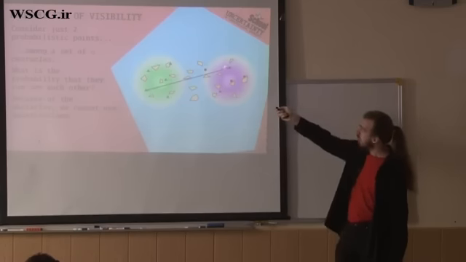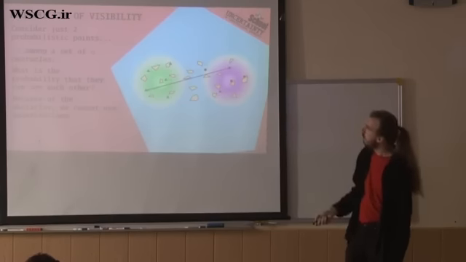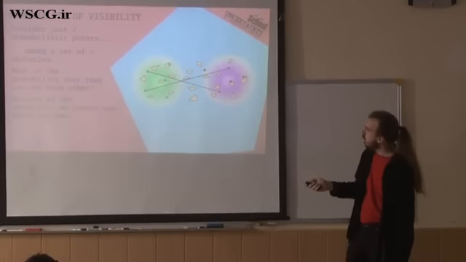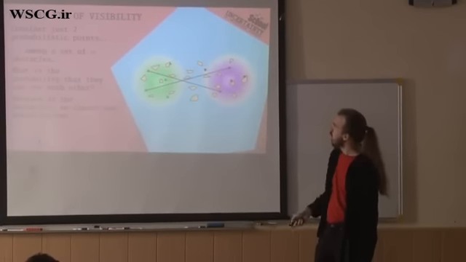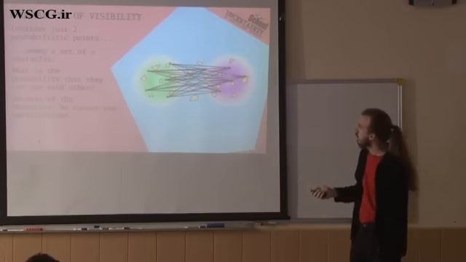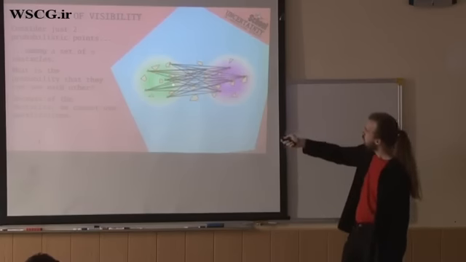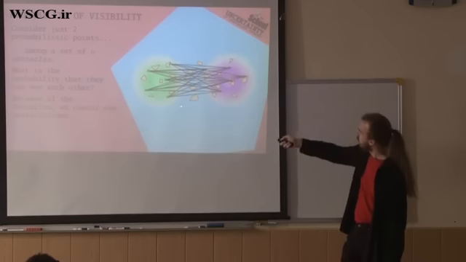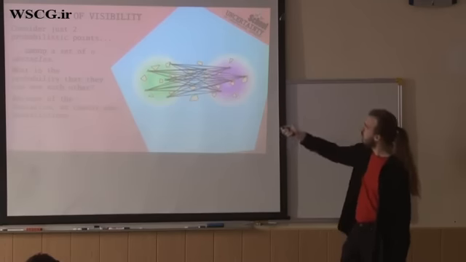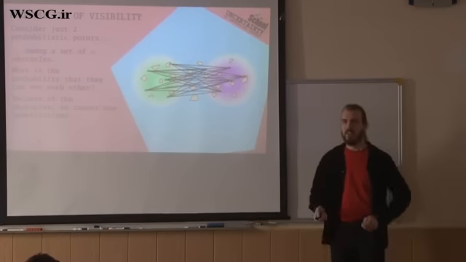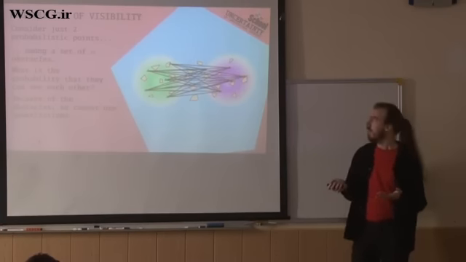Well, for these two, yes, they can just see each other, so that's fine. I look at some other pair. These two also can just see each other. And I just try this for all pairs, and it turns out, well, for every pair of points, there's a line that just misses all of these obstacles, and they can all see each other. So my conclusion is the probability that these 2 points can see each other is 1.